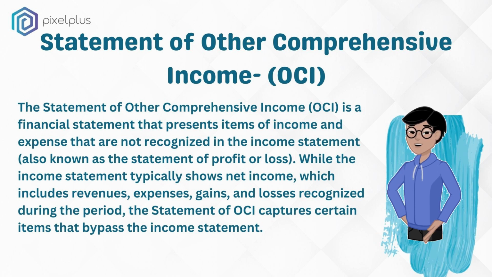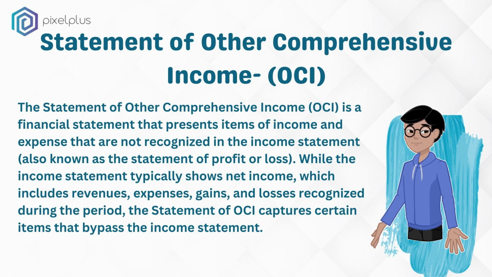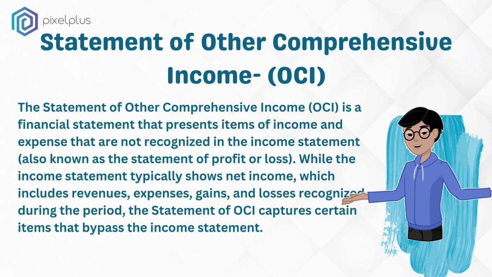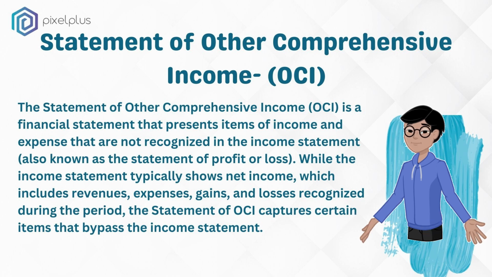The next thing in the OCI is unrealized gains or losses on cash flow hedges. Unrealized gains or losses on cash flow hedges relate to the derivative instruments used to hedge forecasted transactions or variability in the cash flow. These hedges aim to protect the company against risks such as changes in interest rates or commodity prices.